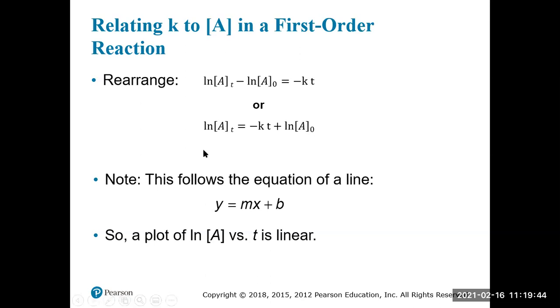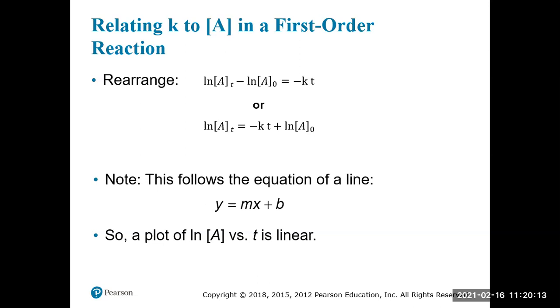The other thing we can get from that is, I said in this configuration, minus k is the slope of this line. So if we go ahead and do our line fit and then calculate what the slope is, then we have found what minus k is, and we can just simply change the sign and we have a k value. So arranging it this way allows us to do a few things.